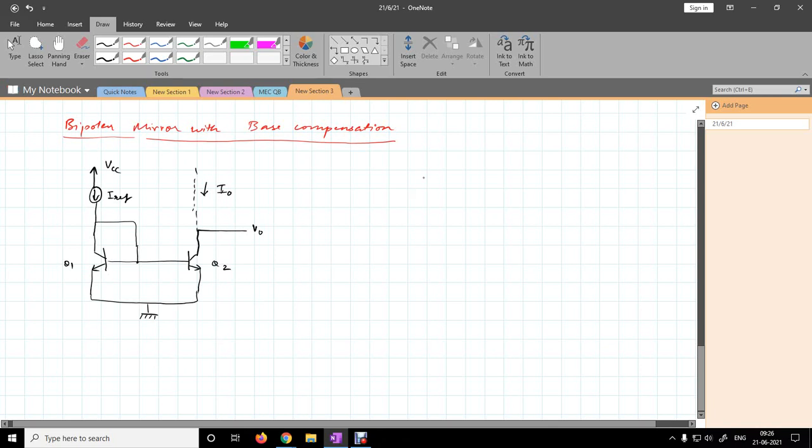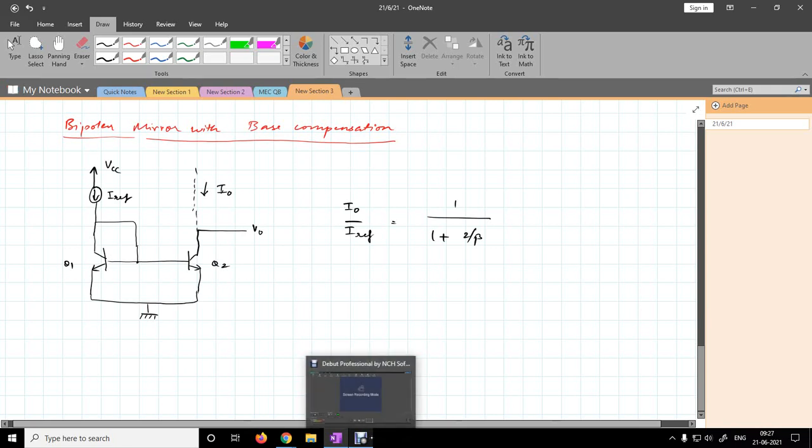Right, so here we got I naught from Q2. This is where we got I naught by I reference as 1 by 1 plus 2 by beta. Okay, so if beta is 100, this becomes 0.98. So that means it has an error ratio of 2%.